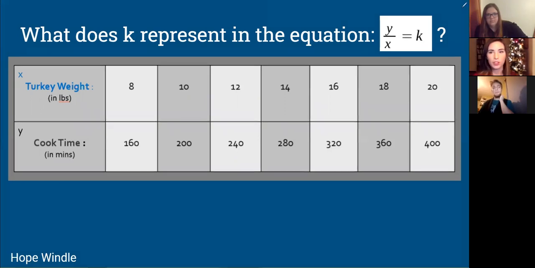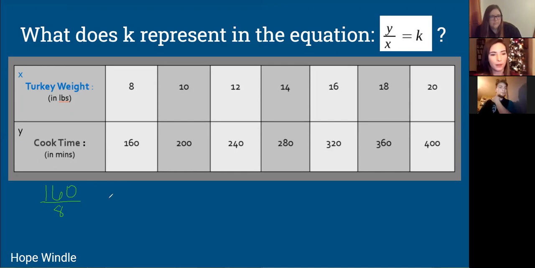Okay, so you have your cook time, and we're going to start with the first thing that we have here. We're going to write 160, and we have it over X. So we're going to put our 8, because we have our little labels right here that tell us on the table our turkey weight in pounds is going to represent our X. And if we were to look at it on a graph like we had earlier, it would go across, and our cook time is going to go this way.